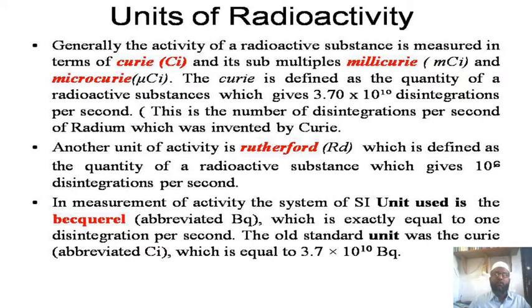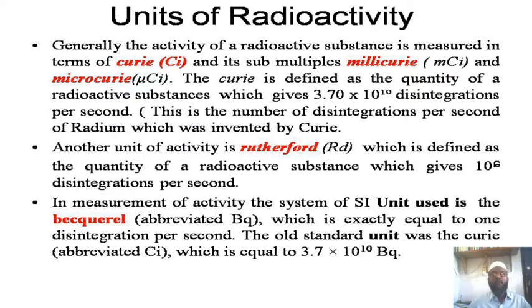So let's define the becquerel. 1 becquerel is equivalent to 1 disintegration per second. If you equate it to Curie, then 1 Curie is equal to 3.7 × 10^10 becquerels.